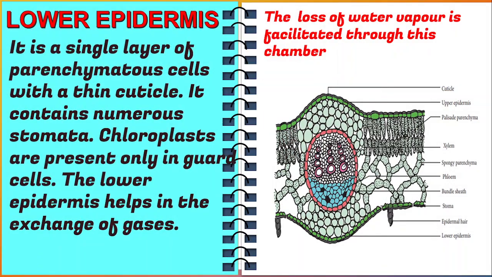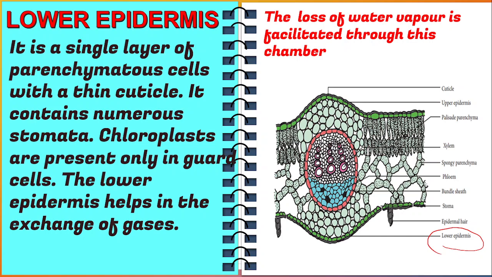The next is the lower epidermis. See, this is the lower epidermis. This is also a single layer of parenchymatous cells with a thin cuticle. Upper epidermis has a thick cuticle, but lower epidermis has a thin cuticle. It contains numerous stomata.